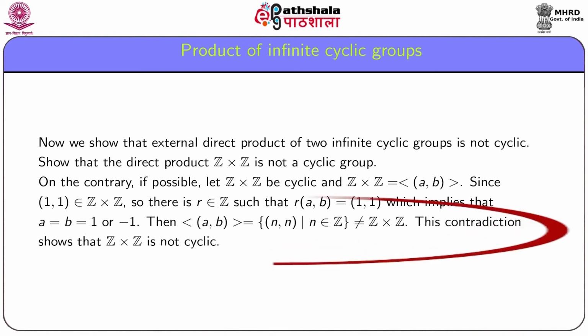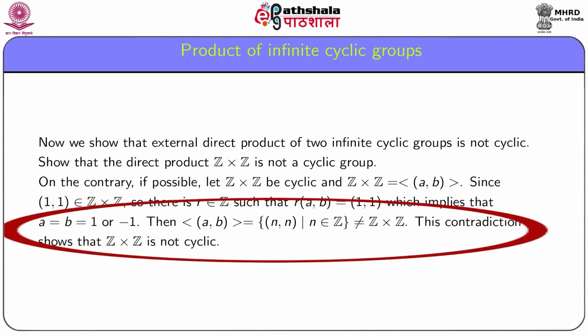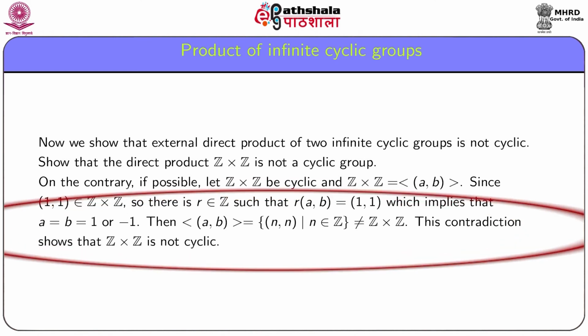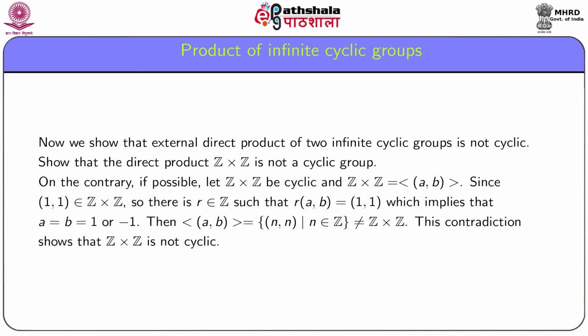Then the cyclic subgroup generated by (a,b) is actually equal to the diagonal subgroup, that is the collection of all (n,n) where n is an integer, and certainly this is not equal to Z cross Z. This contradiction shows that Z cross Z is not a cyclic group. Thus we see that the product of infinite cyclic groups is never a cyclic group.